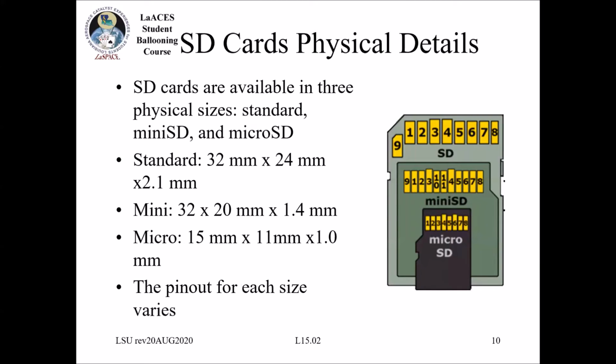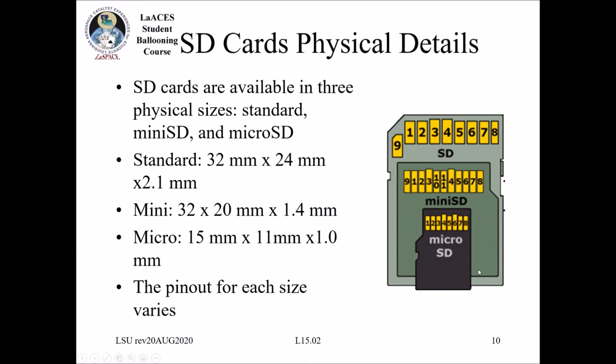So this is what the SD cards look like. There's actually a number of different sizes. The outline here, the largest one, is your standard SD card. The next size down that you don't see very often is called a mini SD.